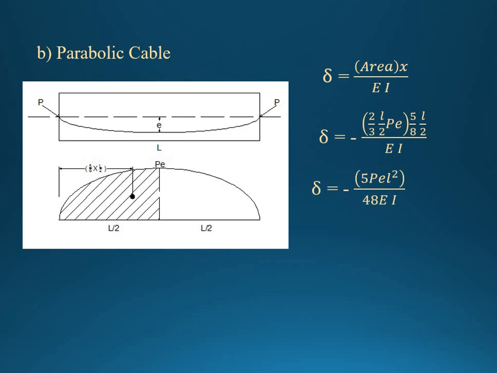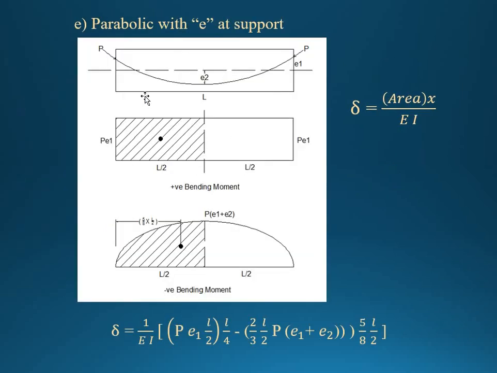But here in this case, we have an eccentricity at the support. Here the cable starts from here and it is like a straight line, and afterwards there will be a parabolic variation below the neutral axis.